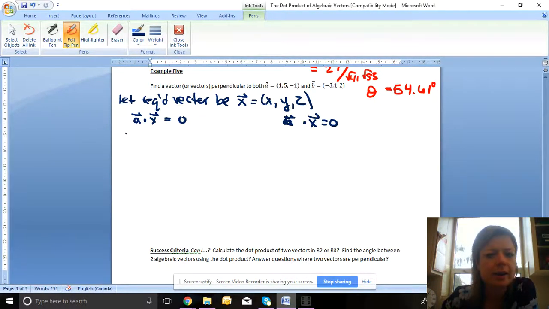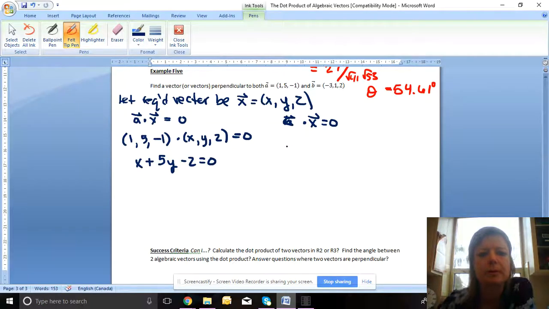So 1, 5, -1 dotted with x, y, z has to equal 0. So x plus 5y minus z has to equal 0. Similarly, over here, -3, 1, 2 dotted with x, y, z has to equal 0.